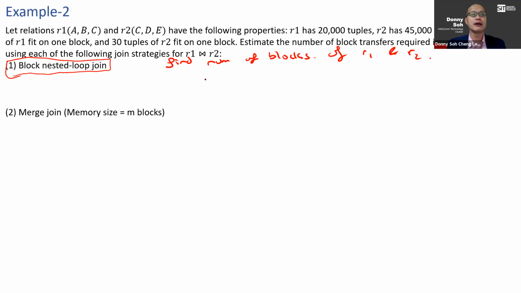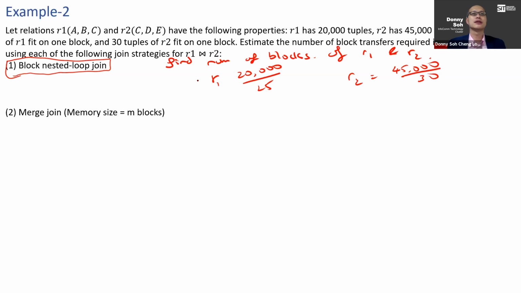So for R1, it has 20,000 tuples. R2 has 45,000 tuples. And 25 tuples of R1 fit into one block, and 30 tuples of R2 fit into one block.